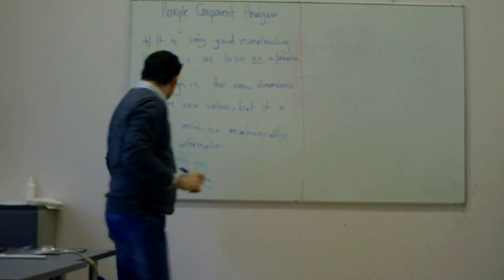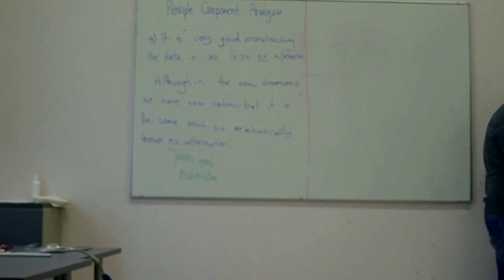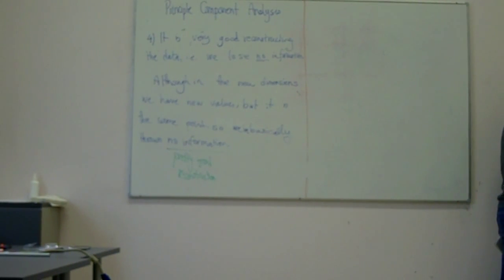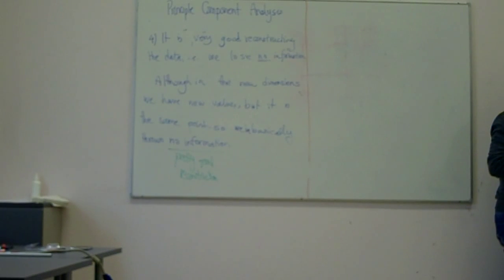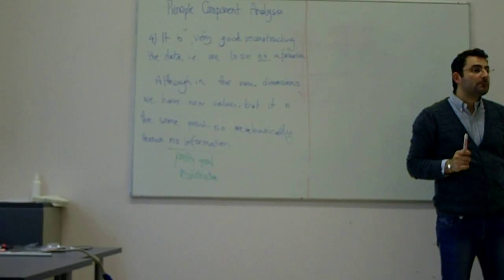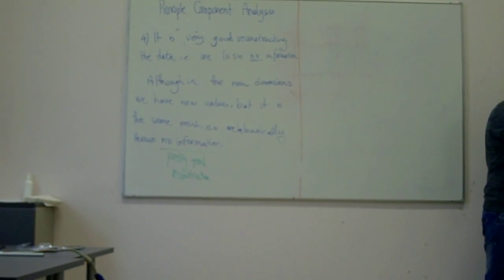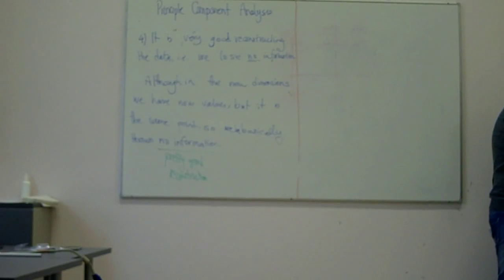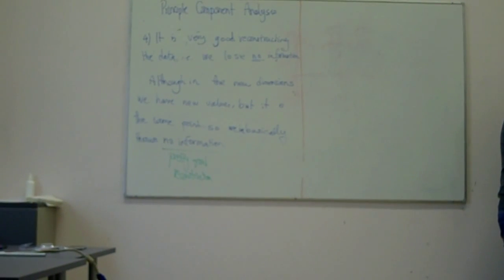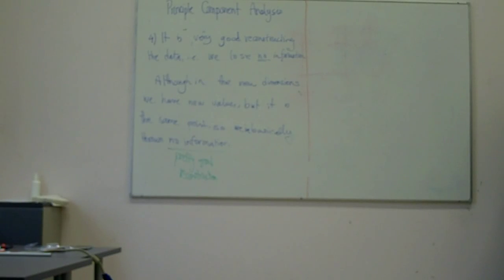So, can you tell me what is the dimension of these black dots? Two. X, Y, right? Now, when I'm calculating the error, I try to find a line which has the closest distance to all of these points, right?